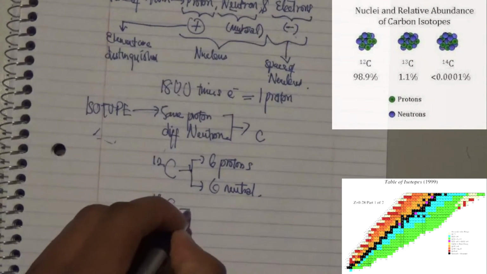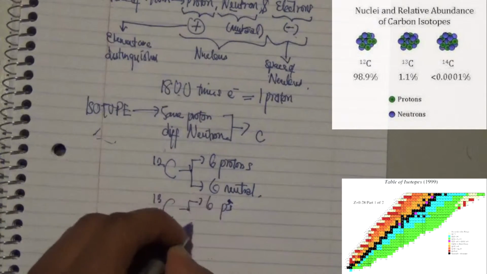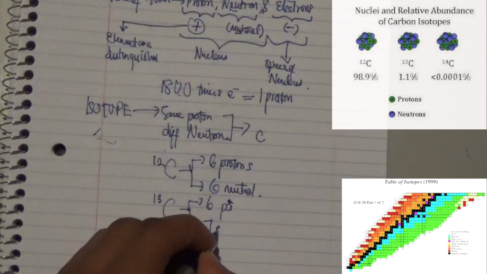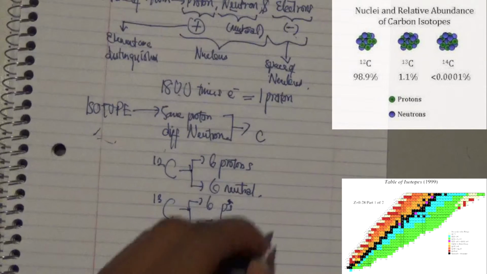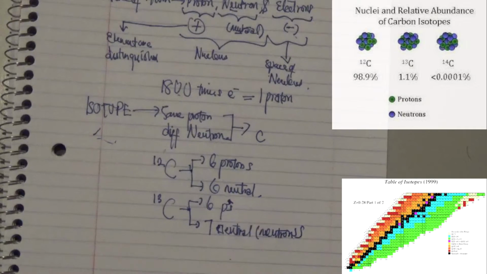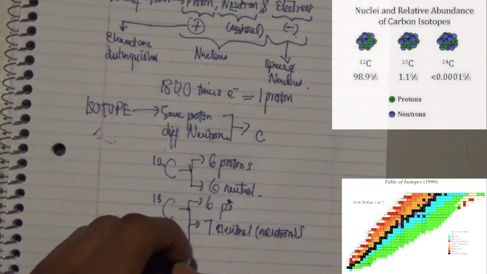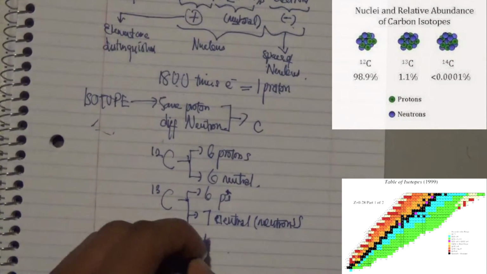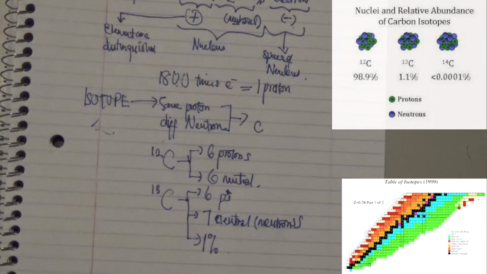Carbon-13 has 6 protons, but in this case it has 7 neutrons. This carbon isotope makes up about 1% of the overall composition of carbon isotopes in nature.